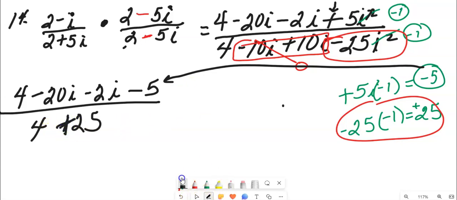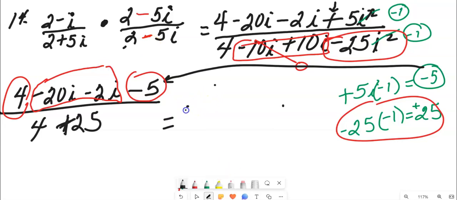All right, so now we're going to finish combining like terms on the top. On the top piece, we have a 4 and a negative 5. And then also we have these two have i's, so we can combine those two.